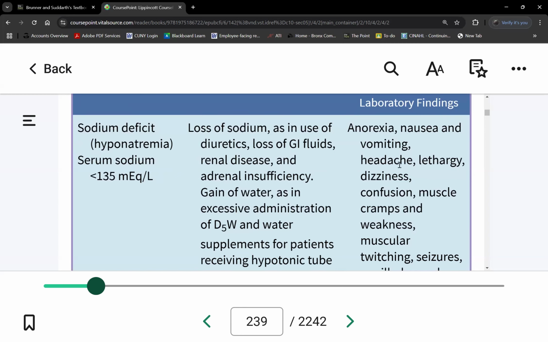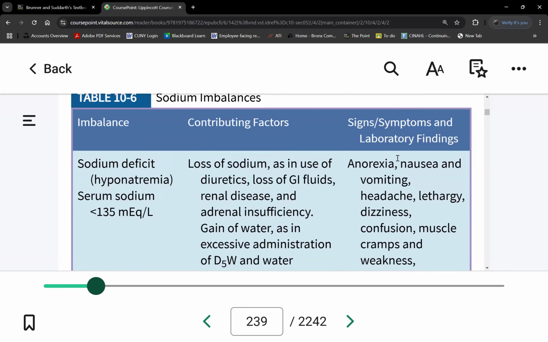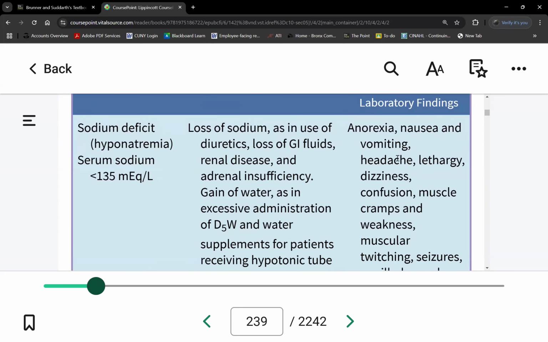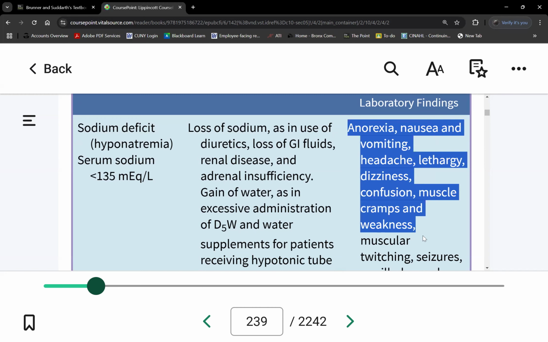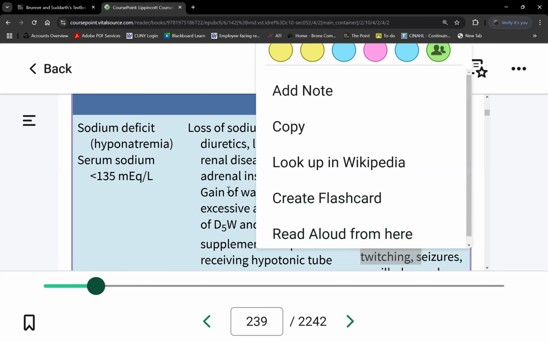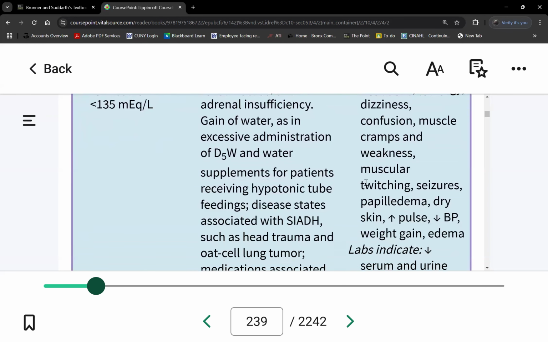So look at the manifestations. As a result of low sodium in the bloodstream, they have anorexia, nausea, vomiting, headache, lethargy, and so on. However, if you read the paragraph, they will vary. The severity of these manifestations varies depending on the severity of the deficit.